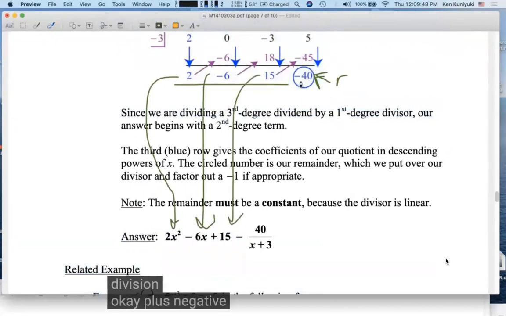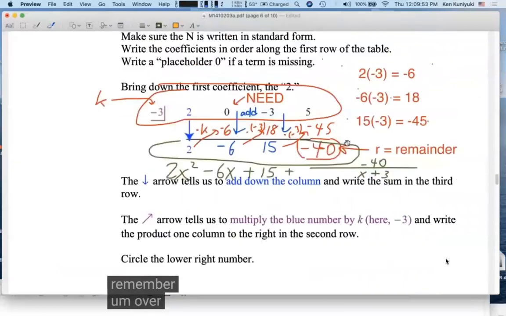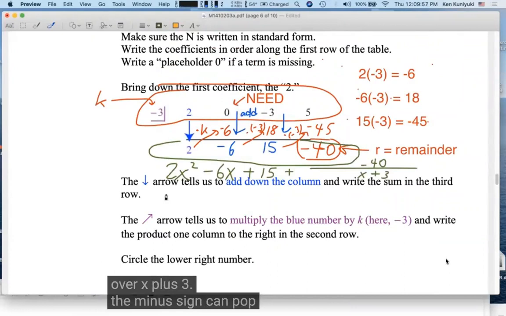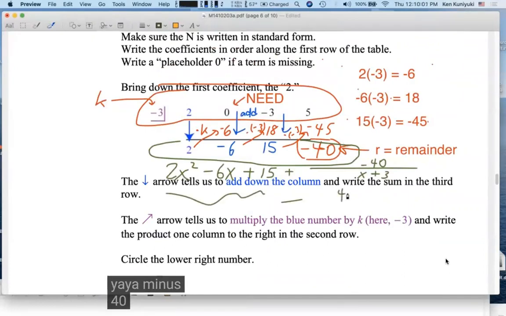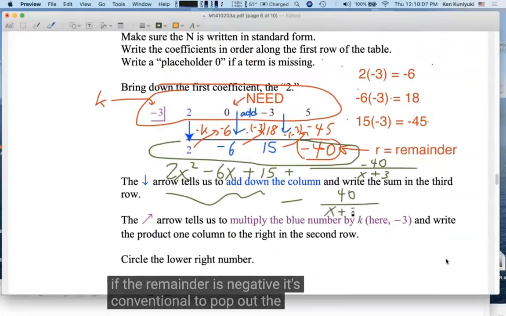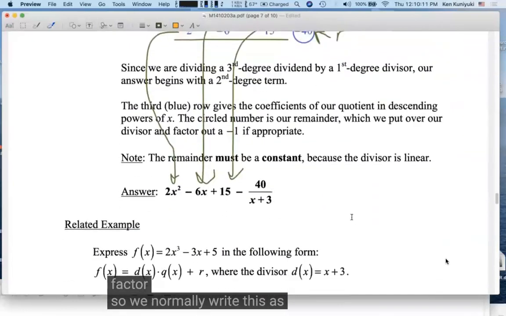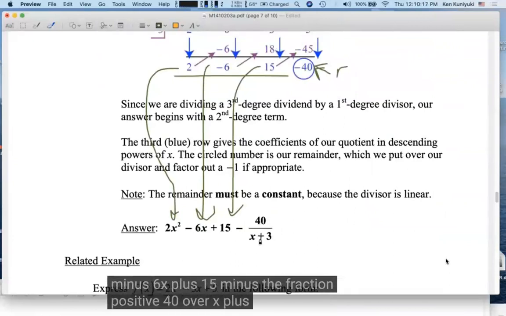Plus negative 40 over the divisor, x plus 3. The minus sign can pop out, so we get minus 40 over x plus 3. If the remainder is negative, it's conventional to pop out the negative 1 factor. So we normally write this as 2x squared minus 6x plus 15 minus the fraction, positive 40 over x plus 3.